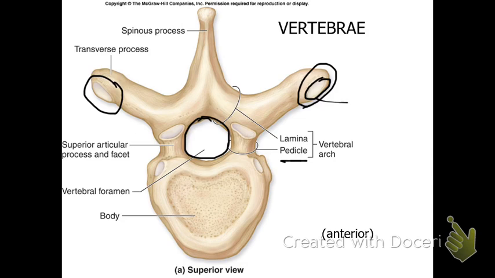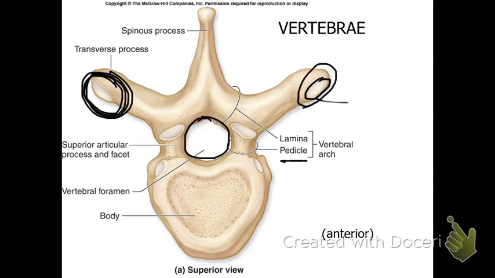Now, the ribs only attach to the thoracic vertebra. So that is the giveaway. That is the absolute giveaway. When you see this divot and this cartilage in the transverse process, you can be assured that this is a thoracic vertebra. I'll give you another clue in a moment about how to tell them, but this is a great clue when looking at an image like this.